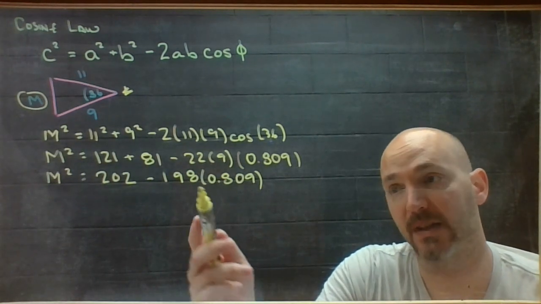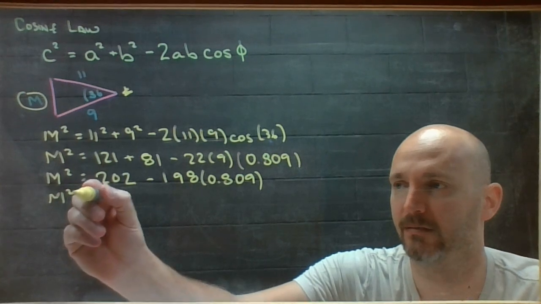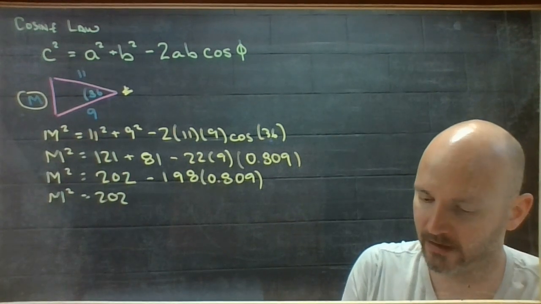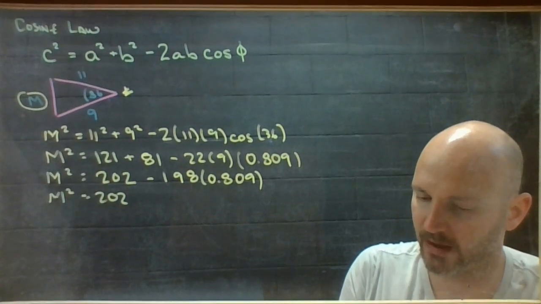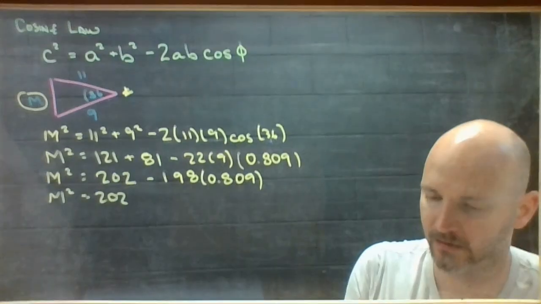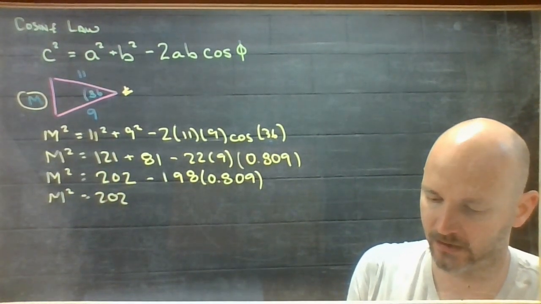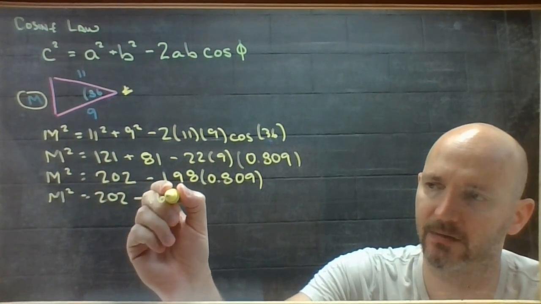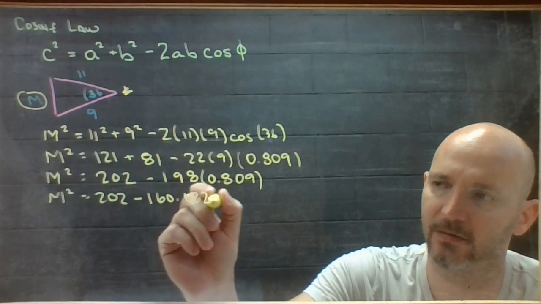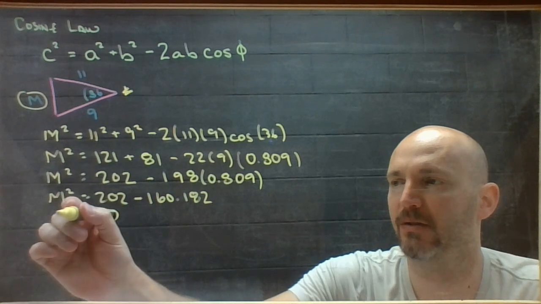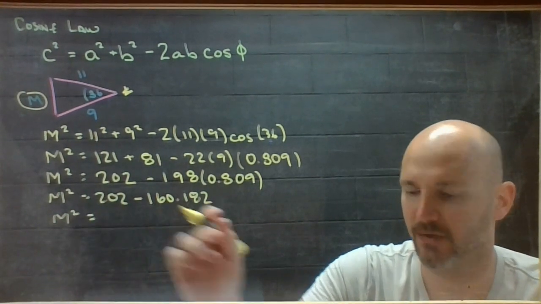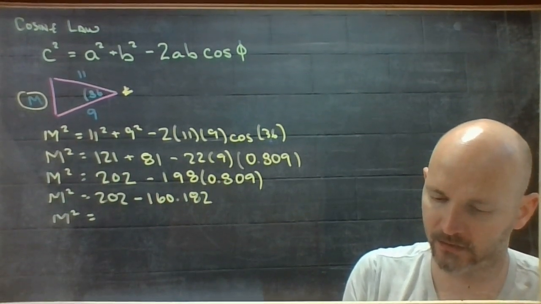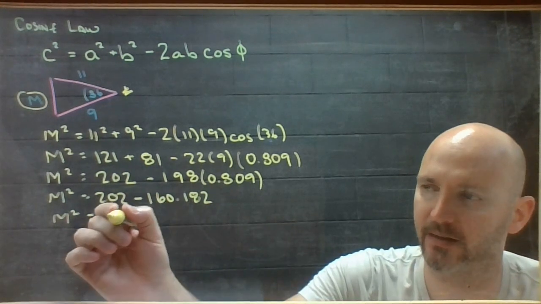I'm still going to need to do this multiplication before I can do that subtraction. 198 times 0.809 is 160.182. And 202, subtract that number, gives me 41.818.